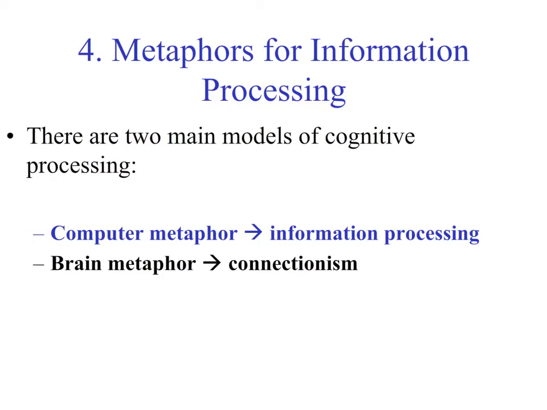We'll also be talking about the brain metaphor, and in particular, borrowing from biology and neurology, our understanding of how neurons operate, and we'll use that as a metaphor for exploring information processing.